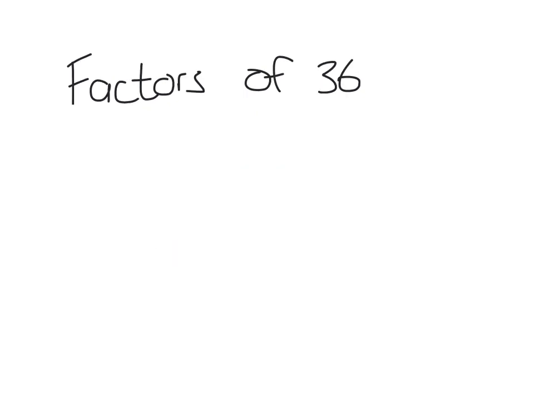And the last question we're going to have a look at is the factors of 36. So we've got 1 and 36. Now straight away, you know, 36 isn't a prime number because it's an even number. There is only one even prime number, and that is 2.